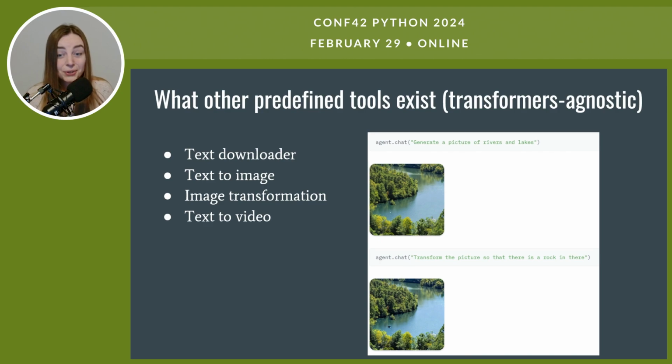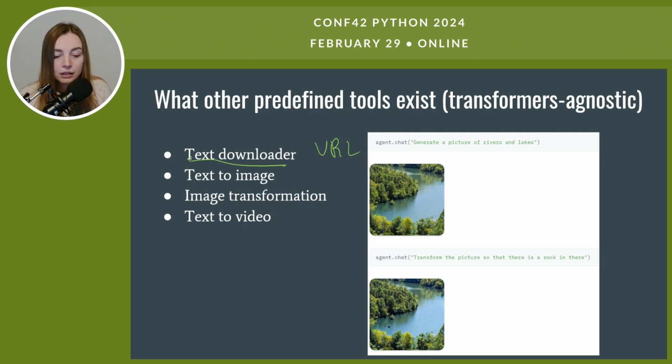That's why they are called transformers agnostic, because they can use different models or just an ordinary Python script. We might use the text downloader tool, so we can just provide a URL and download the text. No advanced model is used under the hood. Yeah, just a Python script which is going there and downloading.